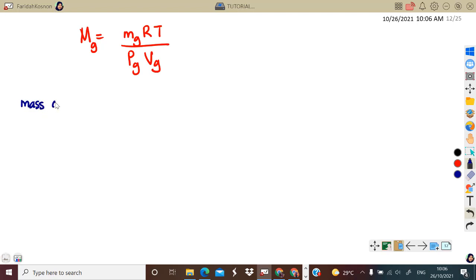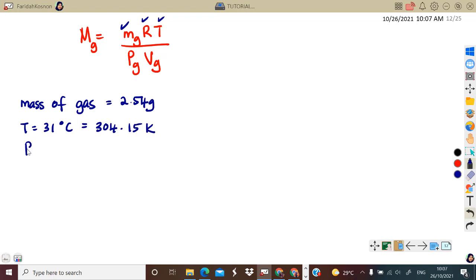Mass of gas is 2.54 grams. The mass is there, R is there, and temperature is there. The temperature is 31 degrees Celsius. You have to convert to Kelvin, which is 304.15 Kelvin. The pressure of gas given to you is 99.3 kilonewton per meter squared.